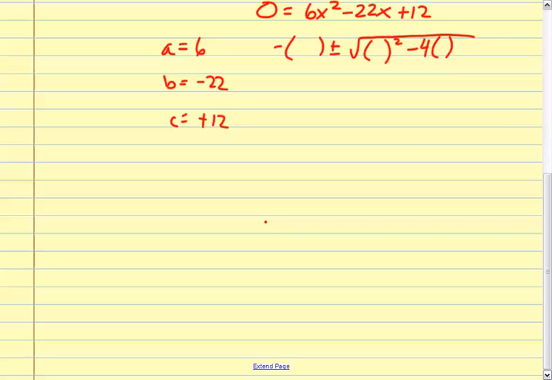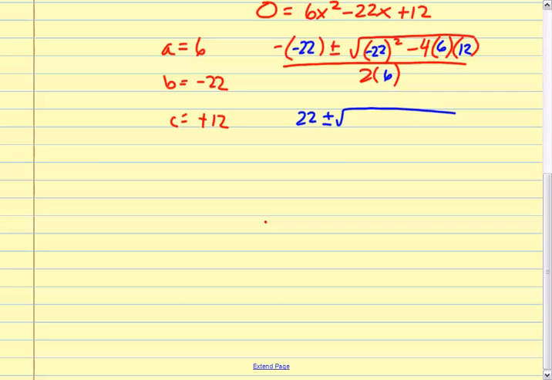Negative B plus or minus the square root of B squared minus 4AC, all over 2A. Okay, let's plug that in. Negative, negative 22, and then I'm going to get 6 and 6 and 12. Okay, so that's going to be 22 plus or minus the square root of 22 squared. I don't know what that is.